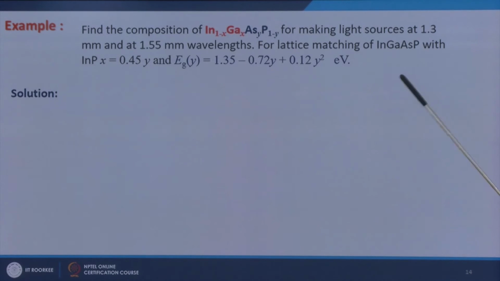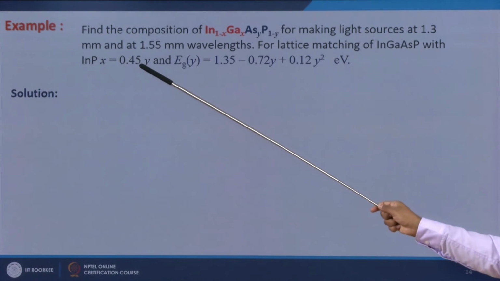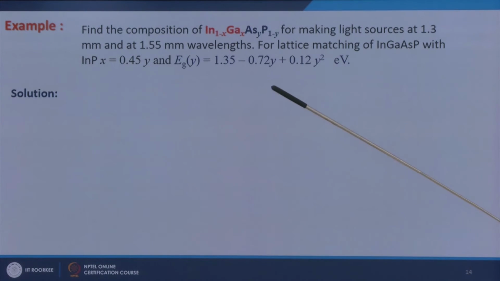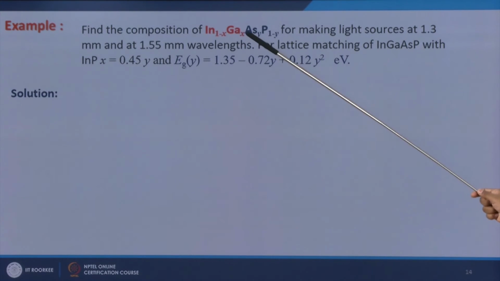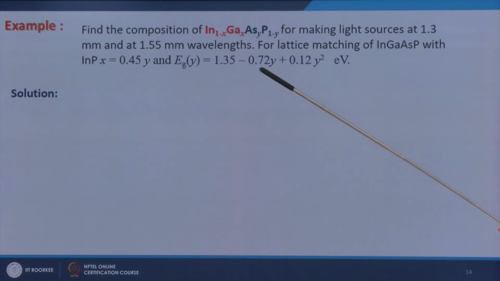I know, and it is given, that for lattice matching of indium gallium arsenide phosphide with indium phosphide, X should be equal to 0.45 Y, and the band gap energy of this material is given by 1.35 minus 0.72 Y plus 0.12 Y square in electron volts.